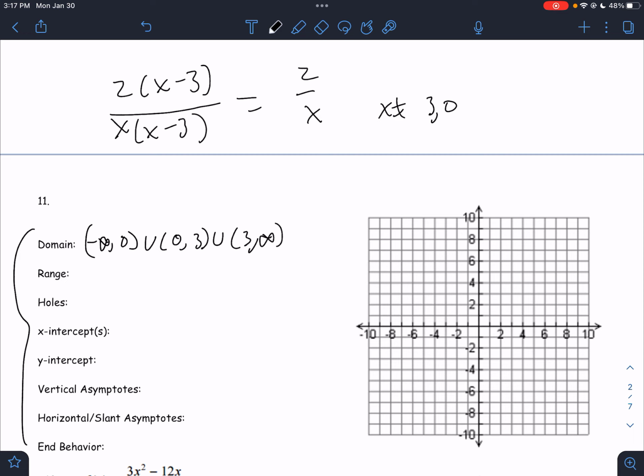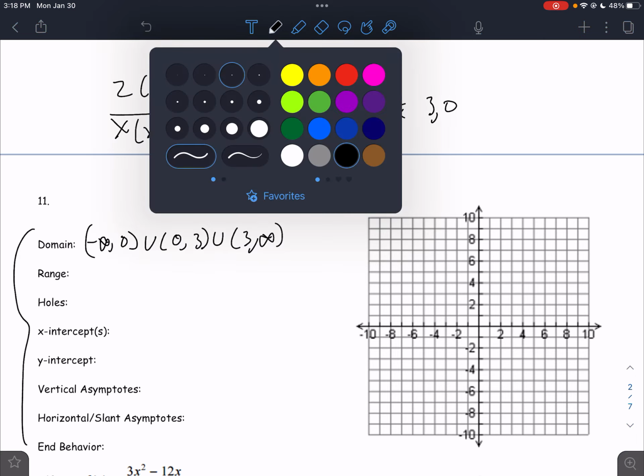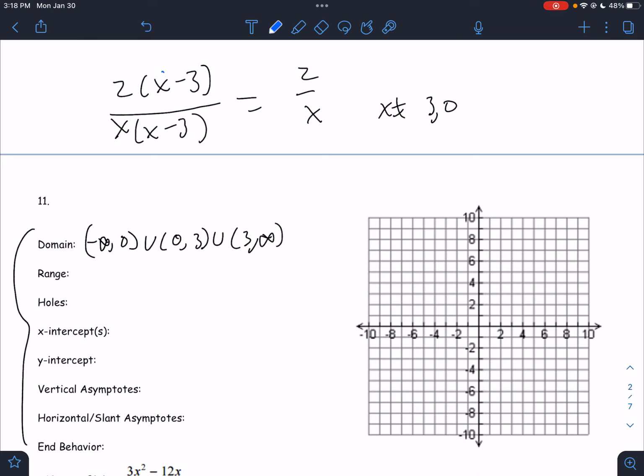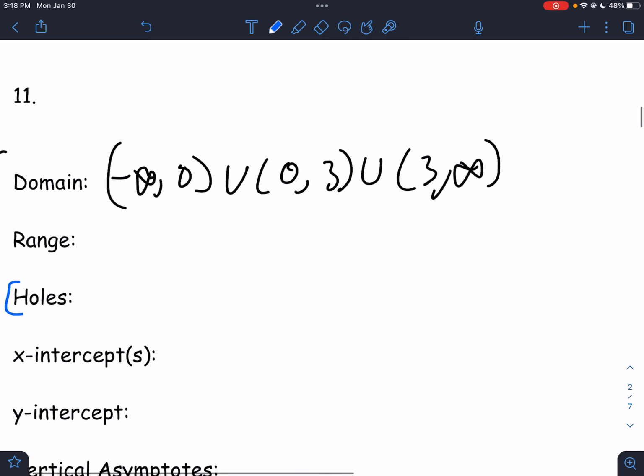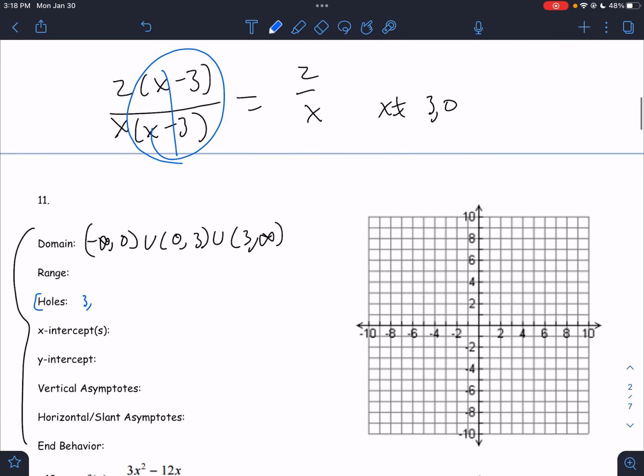The range can be a little bit trickier. You have to know where the hole is, and you have to know where the asymptotes are. Let's start with the hole. The thing you cancel out is a hole. So I take that number 3 and plug 3 into the simplified version.